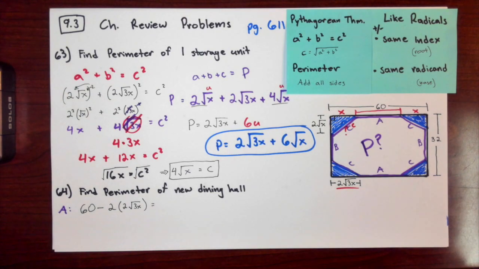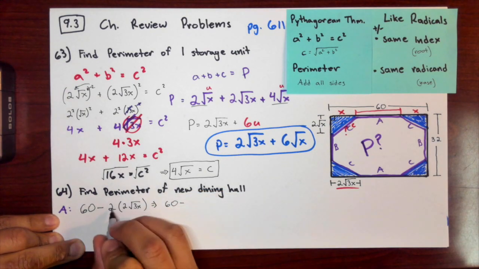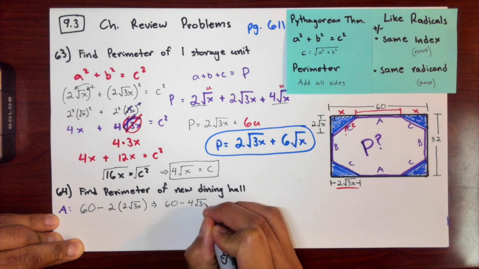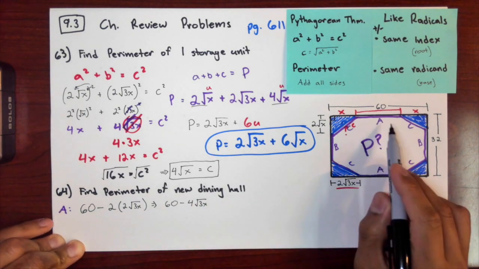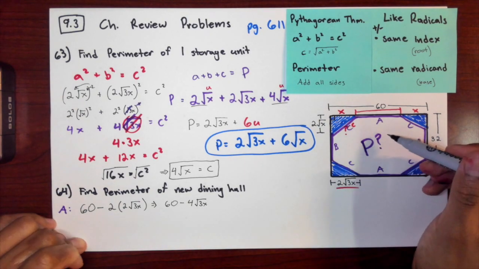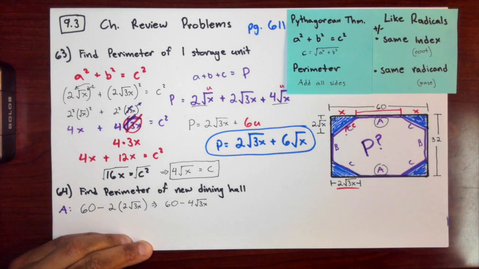So when we work that out and simplify, 2 times 2 square root of 3x is 4 square root of 3x. So A is going to equal 60 minus 4 square root of 3x. But there is one A up here, and there's another A down here.